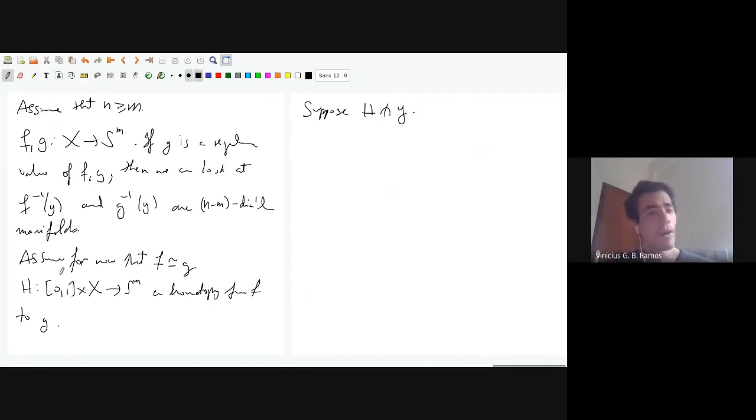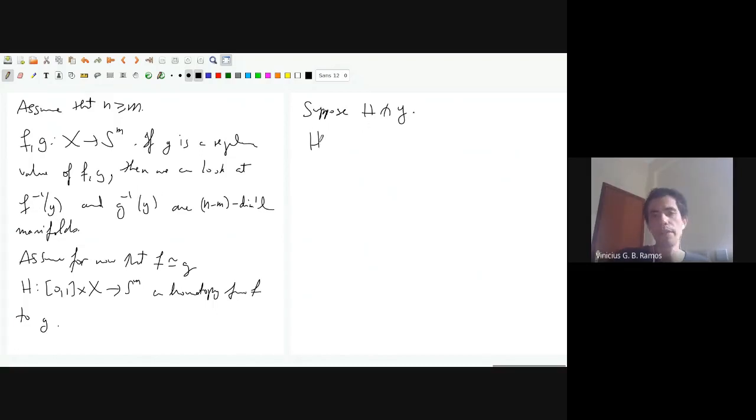Okay, now what we can do is, we know that F is transverse to Y and G is transverse to Y. So we can take the pre-image of Y by H, and we know that's going to be a manifold with boundary, and the boundary is going to be given by the difference of these two manifolds.